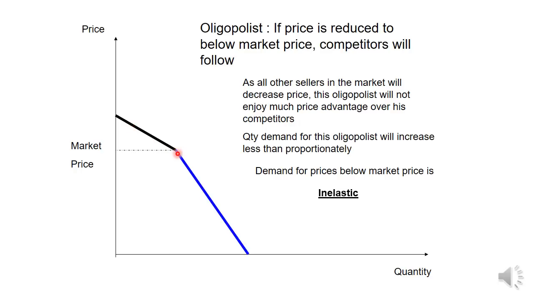Below the market price is inelastic because if I reduce price, all of them will follow, so I end up having no additional advantage. Therefore I have two different elasticities joined at an angle, which give rise to the kinked demand curve of oligopoly.